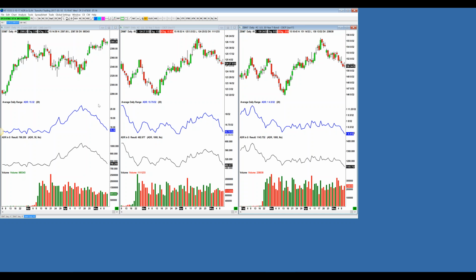At the bottom, in what we call region 2, we have an average daily range in points. This is 15 points for the E-mini S&P as an average daily range. Look at that number. That number has significantly dropped off. That coincides with the lack of volatility we've seen in the stock market lately, right? So the average daily range has fallen.